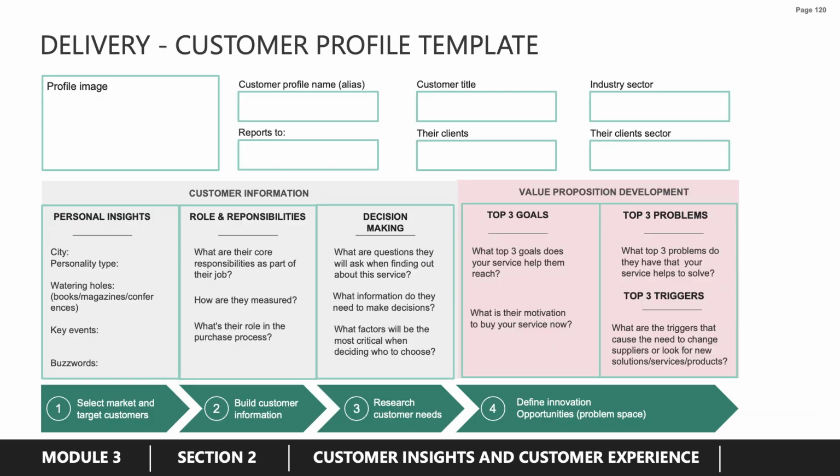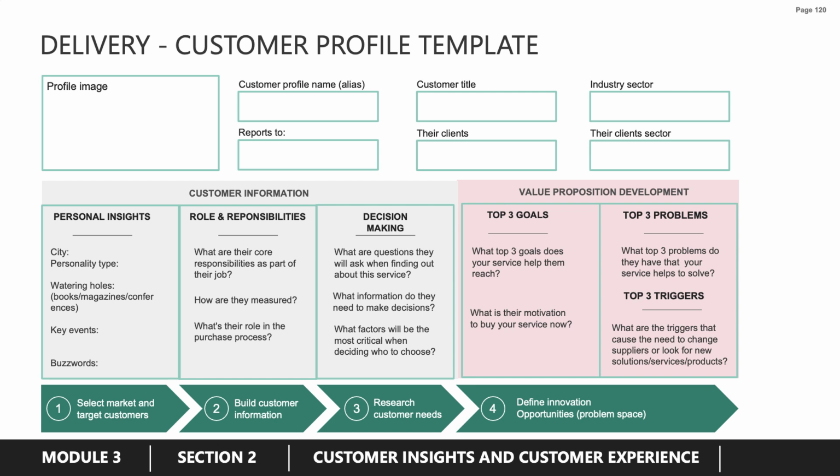Well, one of the first starting points we can use is by developing a customer profile template. And this is quite a systematic way of understanding our customers. And it has two sides. What we're trying to do, for a particular customer segment, is to deeply understand who they are, personal insights, what their role is and responsibilities.